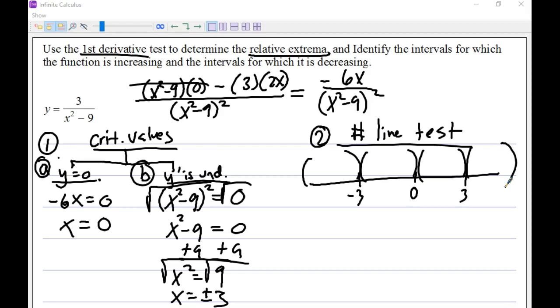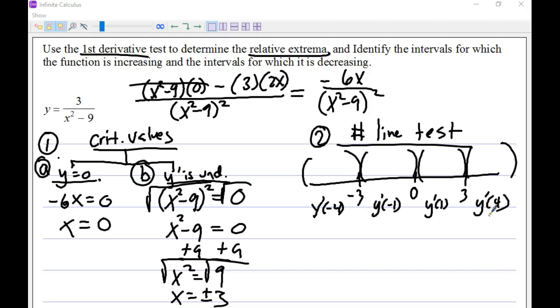We need to pick one number from each. So let's go ahead and figure out what y prime is at each. For this one you plug it into the derivative. I'm going to plug in these numbers here and see what we get.